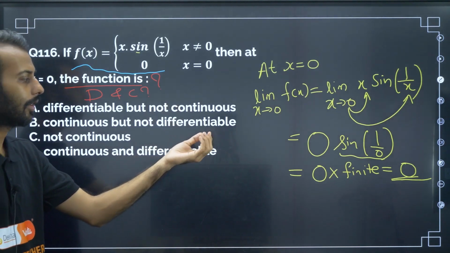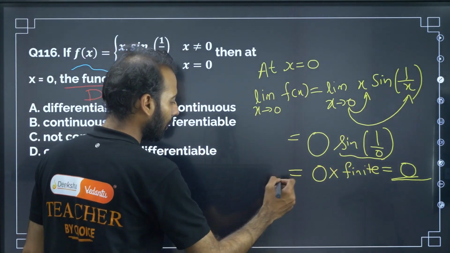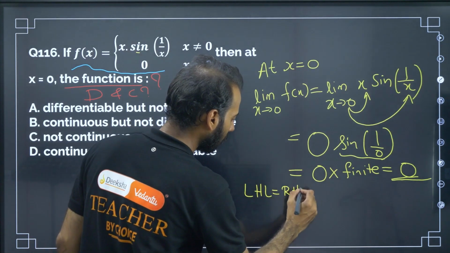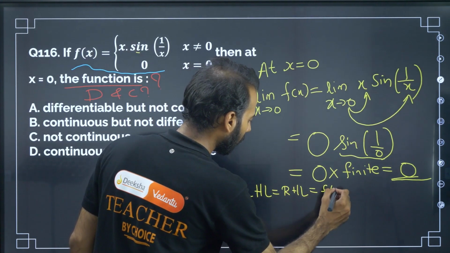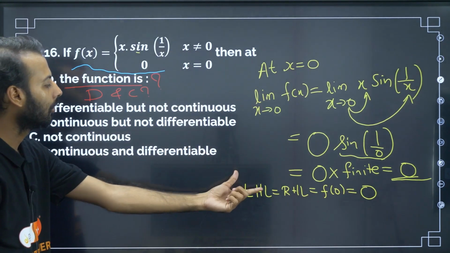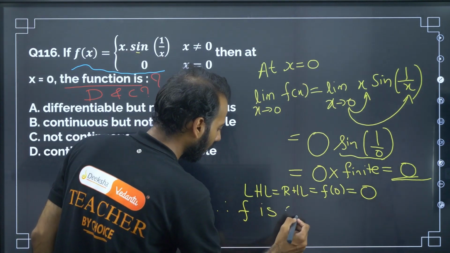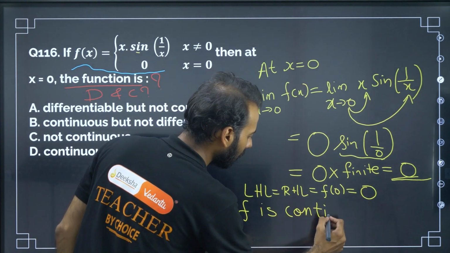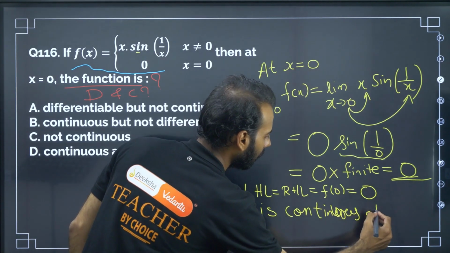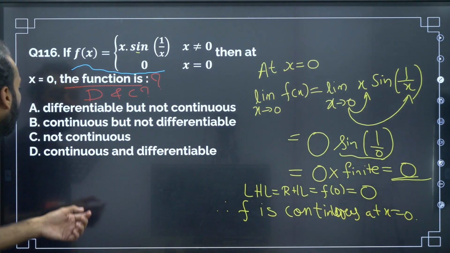This means LHL is equal to RHL is equal to the value of the function, f of 0 is equal to 0. Therefore f is continuous at x equal to 0.